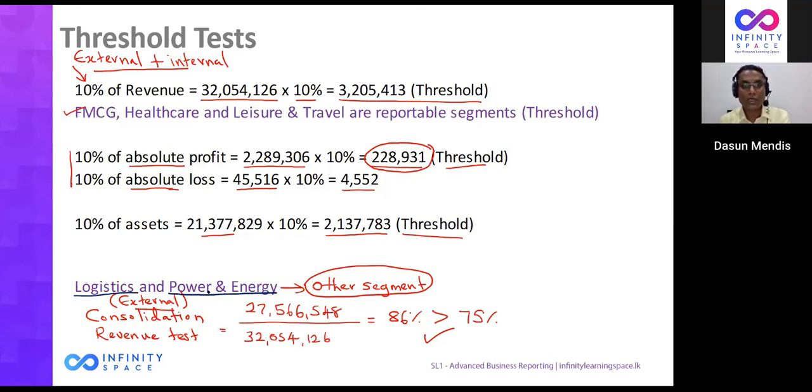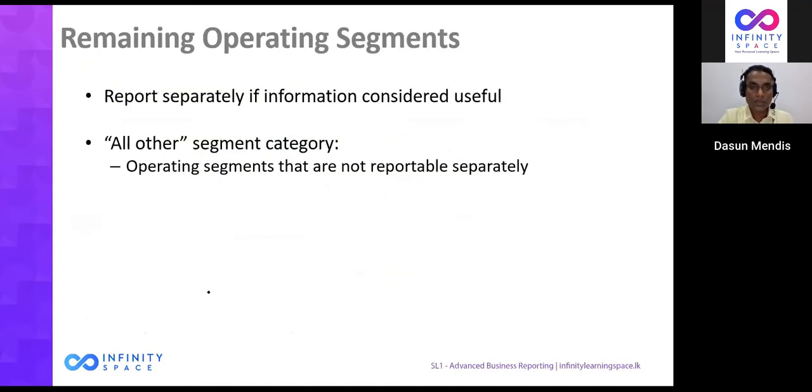There is no restriction. If I go to this particular slide, it's clearly mentioned: report separately if the information is considered useful, even though none of the threshold tests are met. So in this case, none of the threshold tests are met, and the consolidation revenue test is also satisfied. But still, if you believe that the information is useful, management can make a decision to report them separately.